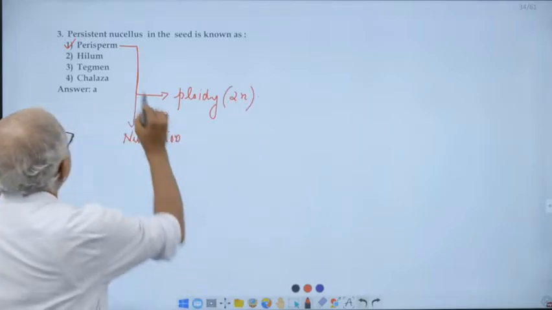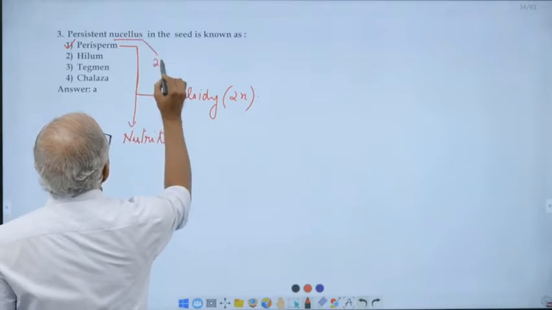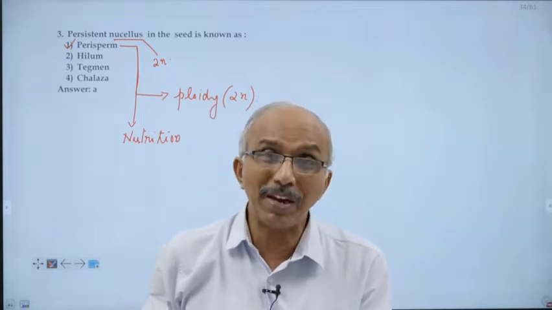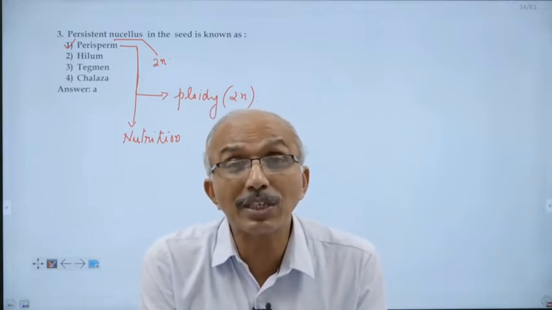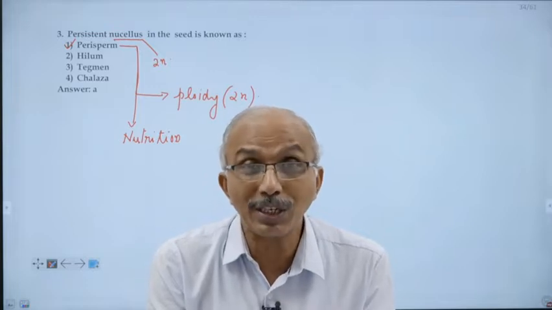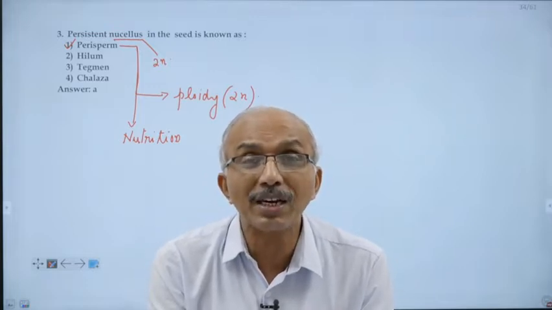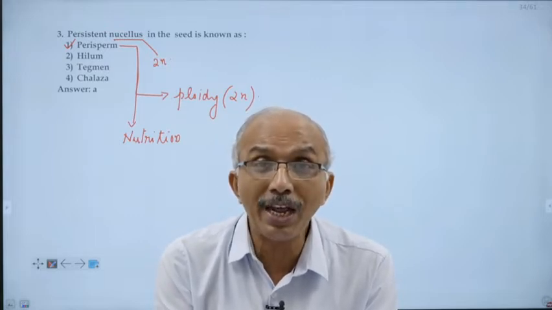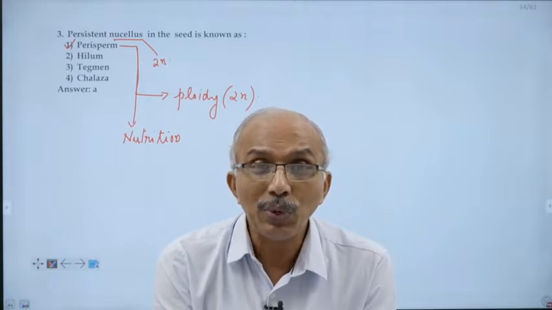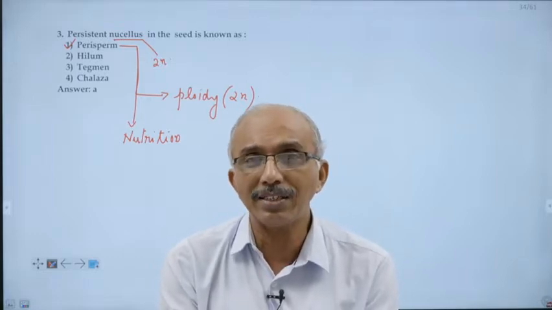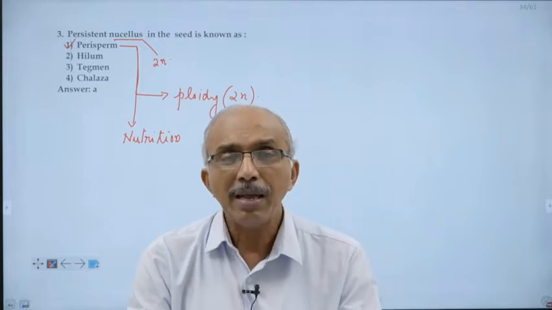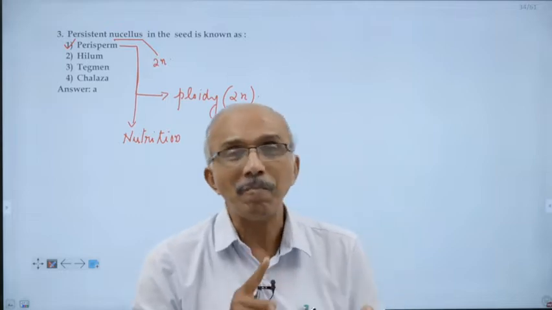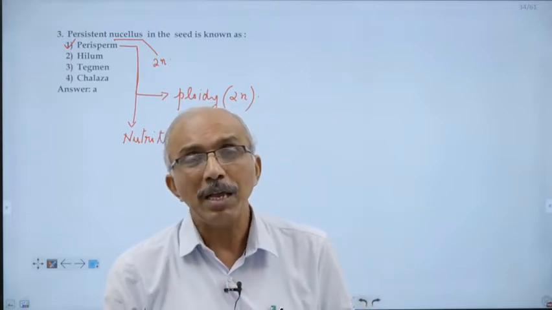Why? Nucellus is diploid. Perisperm is nothing but nucellus, so nucellus is diploid, so perisperm is diploid. Ultimately we can conclude like this: perisperm is a diploid nutritive tissue, a portion of nucellus persisting in the seed. What is perisperm?